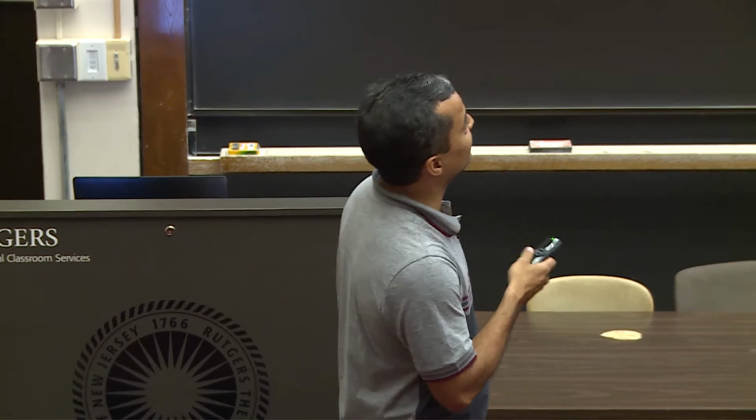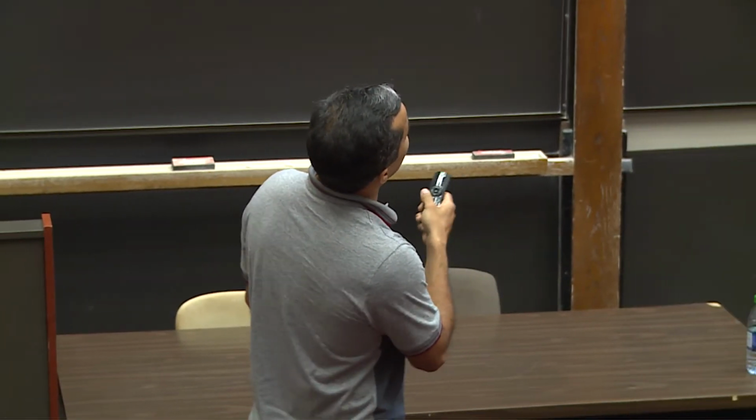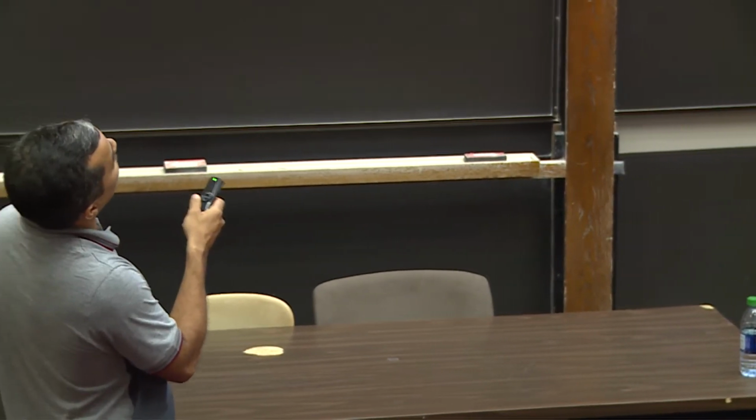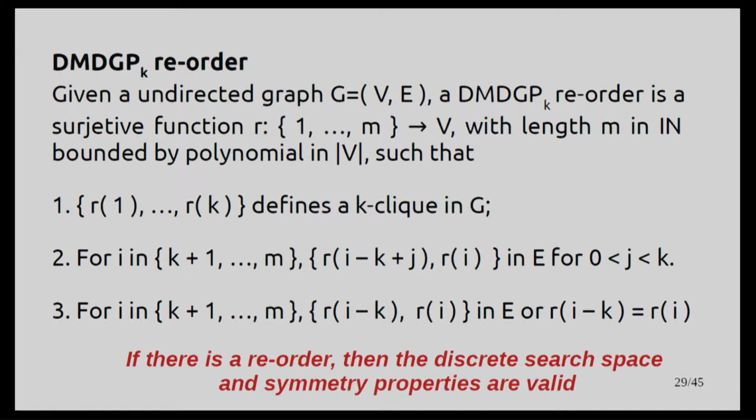So what is a reorder? We have a graph. We want to know if it can or cannot be reordered in such a way that those properties, finite search space and symmetry, can be applied. So we are looking for a function R that labels the nodes in such a way that the first nodes will be a clique, which is the final core that Phil talked about earlier.